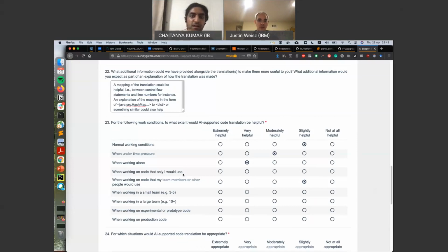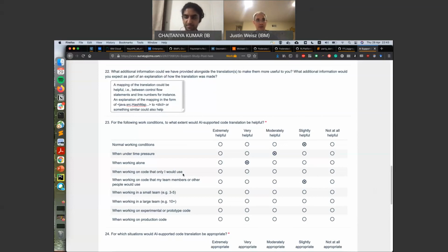I see. Versus your team members, where you're working on a project together, and other people are going to be looking at and reviewing the code. So is the fundamental question here, do I need machine translation for my own code versus do I need machine translation more for other people's code? It's not so much about who wrote the original code.